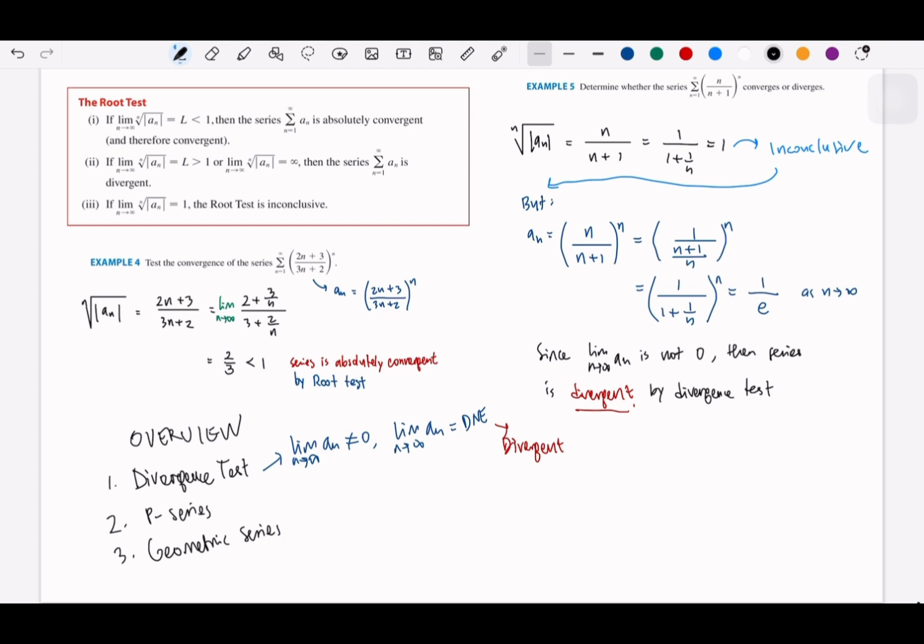And then geometric series. As long as we know the ratio is less than 1, then it will be convergent. Or if it is greater than 1, then it will be divergent. So these two are the ones we can usually use for the comparison. If you want to compare something, you can think of the P series or geometric series. So that's why number 4 is the comparison test.